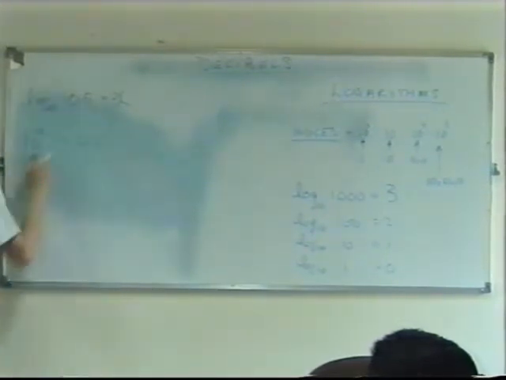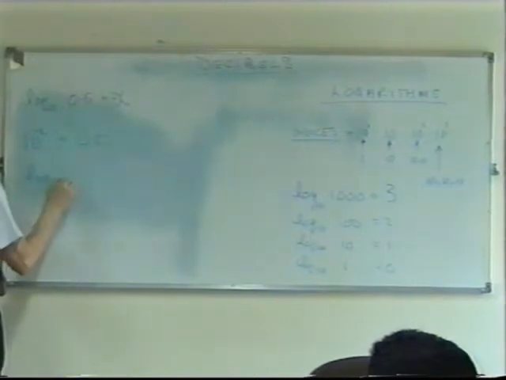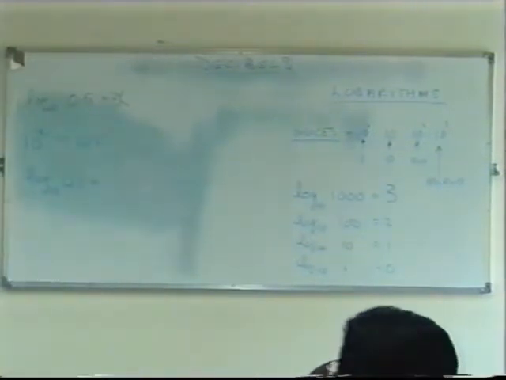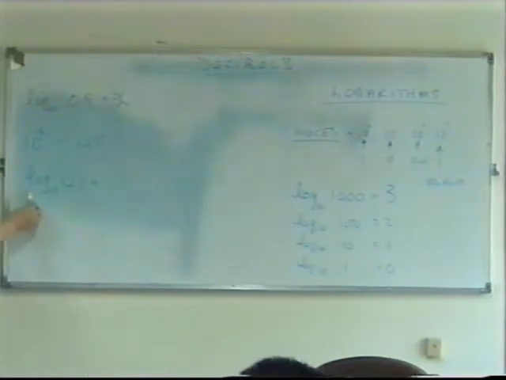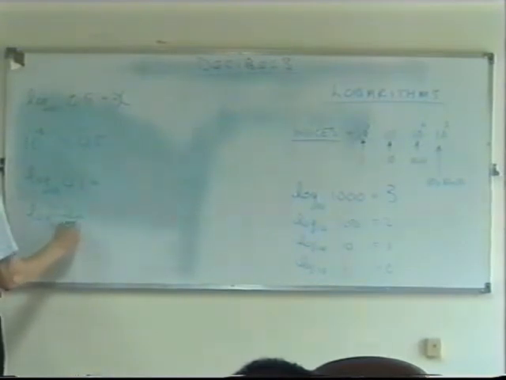In fact, we can go even further than this. For instance, let's say I asked you this question. Log to the base 10 of, say, 0.1. Now, that's a number less than 1, isn't it? Yes. But we can also say it's the logarithm to the base 10 of 1 over 10, isn't it?